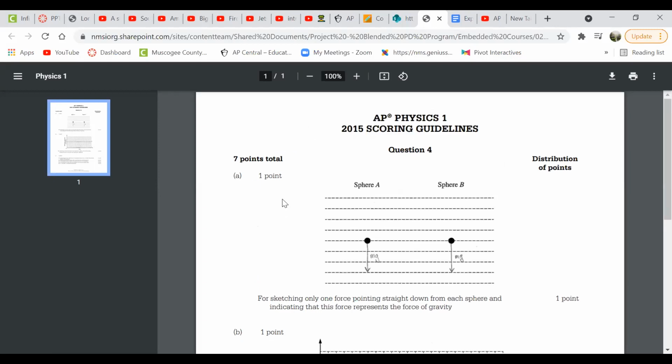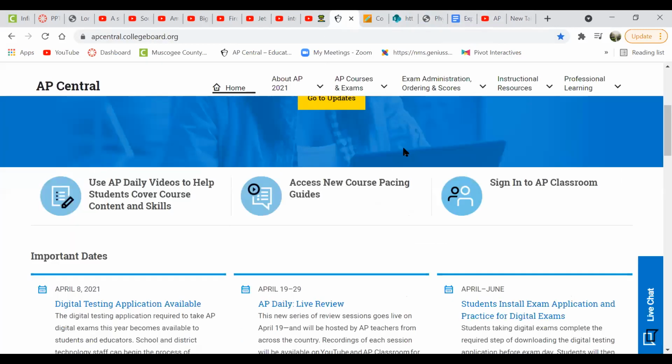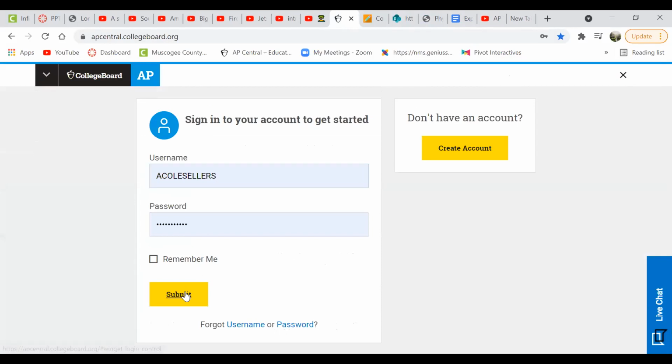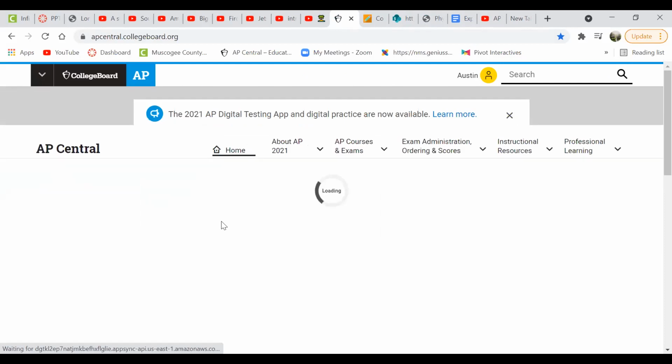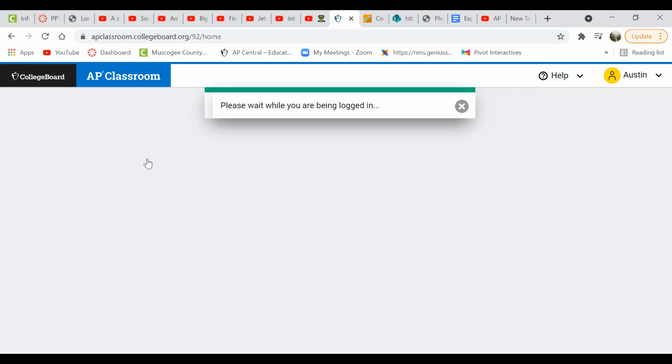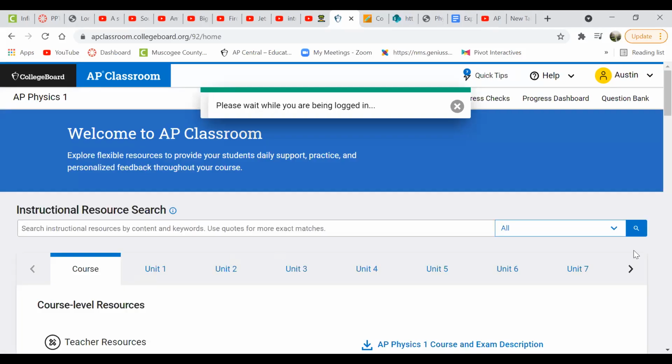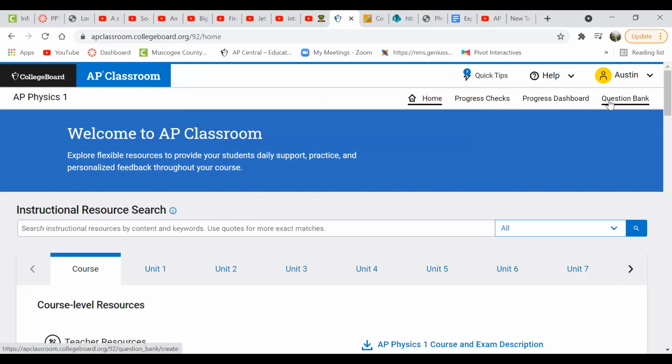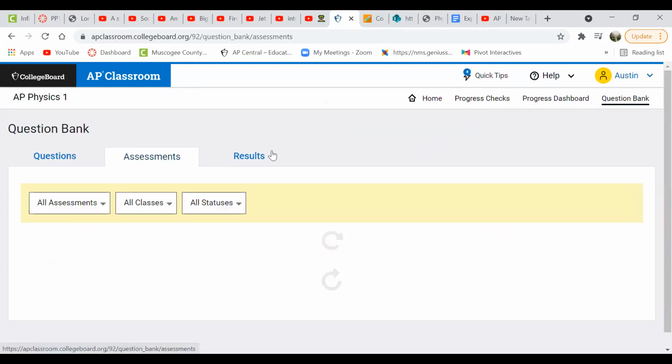All right, so let me look up 2015. I do believe AP Central will have that if it lets me sign in. Oh no, this is when it makes me verify right here. Verification comes up at the last second. All right, I'm going to let that load. We're going to need question bank, assessments.